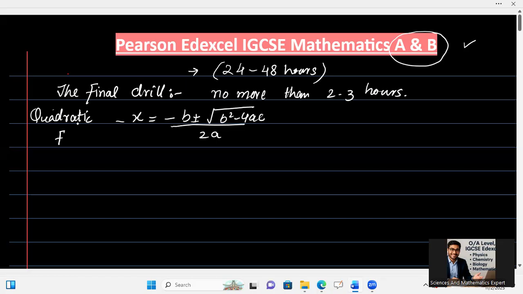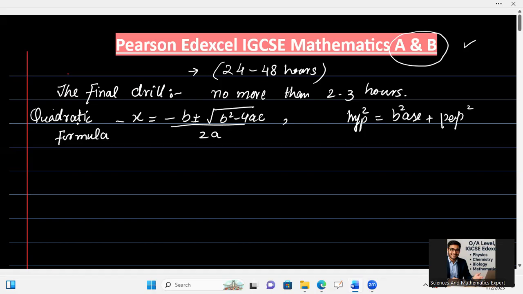After that, Pythagoras theorem, where hypotenuse square is equal to base square plus perpendicular square.